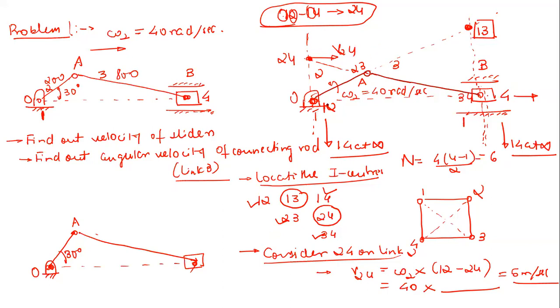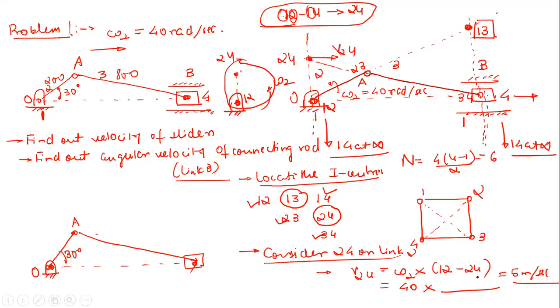So omega is given. Now you imagine this link to be something like a flat plate that contains the 2, 4 point, and it is rotating with angular velocity omega 2 about this point 1, 2. So this linear velocity will be simply V24 equal to omega 2 times the distance from 1, 2 to 2, 4.